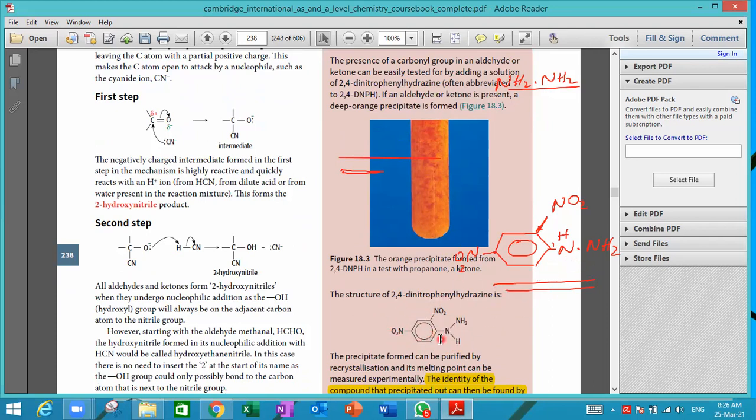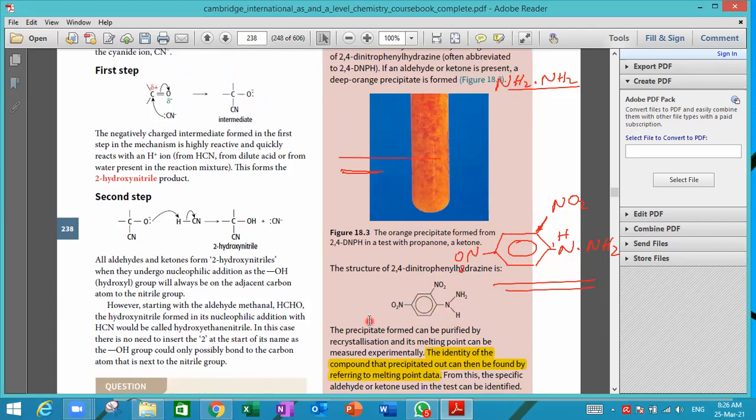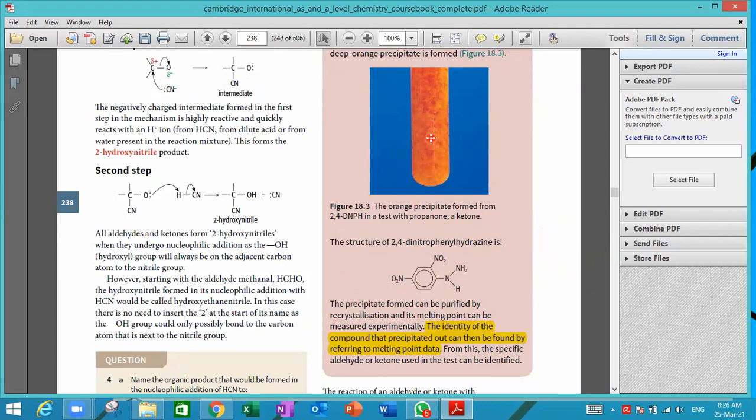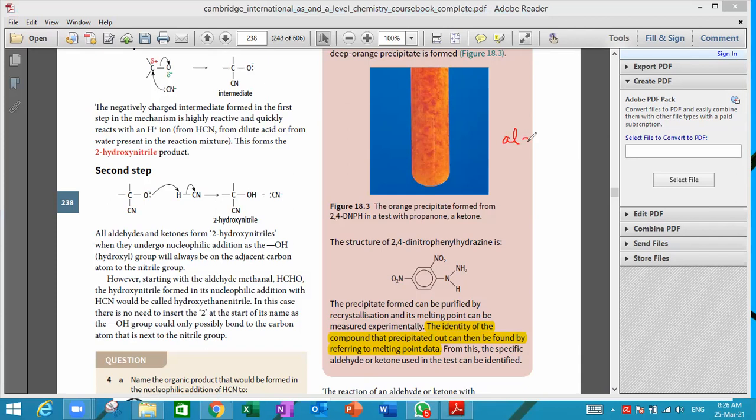I've drawn it here. It's the same as this one. And sometimes they use the precipitate formed after being recrystallized. It means purified. Recrystallization means purified from impurities. Sometimes they have more than one aldehyde or ketone.